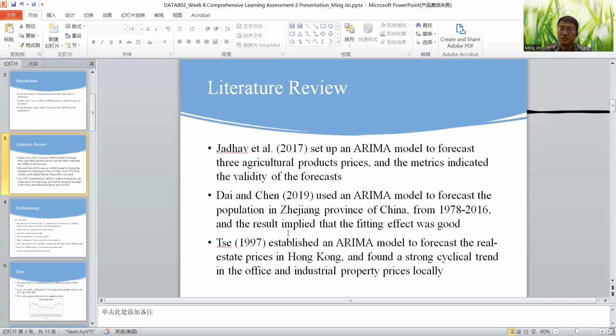And in the year 1997, Xi established another ARIMA model to make forecasts for the real estate prices in Hong Kong. They found that there was a strong cyclical trend in the office and industrial property prices locally in Hong Kong. So those were the relevant articles using the ARIMA model in the literature.